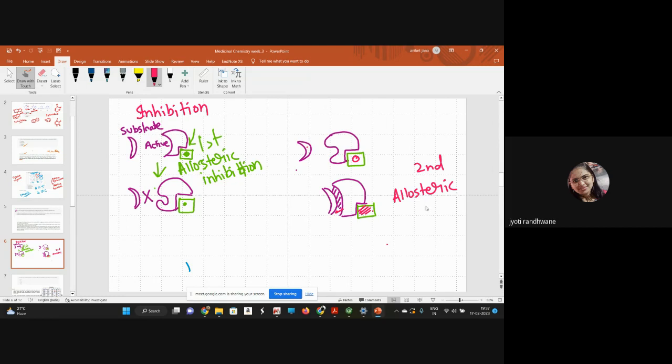Yes, it is definitely facilitating the formation of the substrate for the reaction, right? So what we can say is that it increases the rate of reaction.